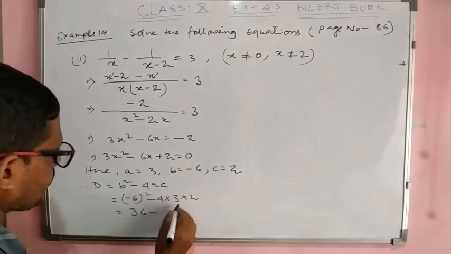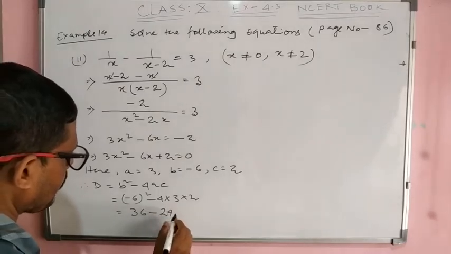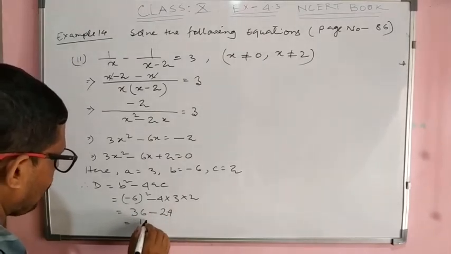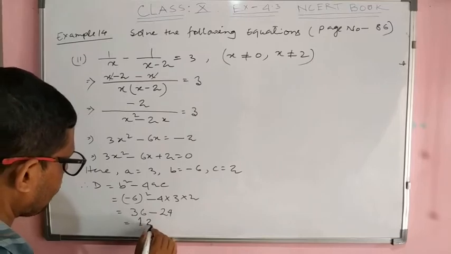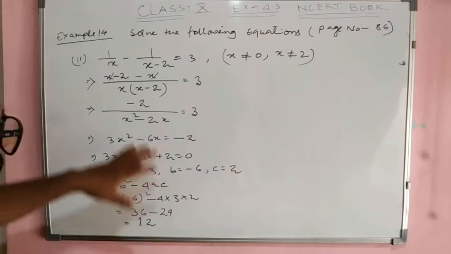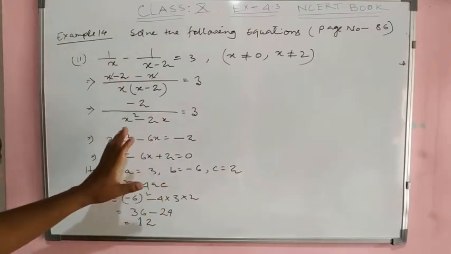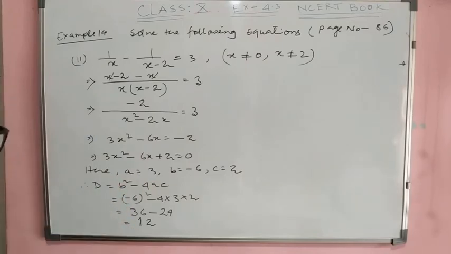So it will be 36 minus 24. So definitely it will be 12. So 12 is not a perfect square. That is why we should not apply the factorization method here. It is not possible to solve and it will be more complicated.